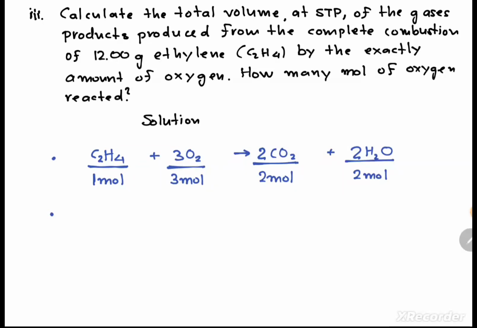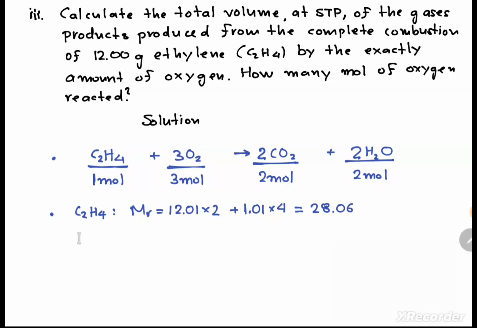We know the amount of ethylene in grams, so we have to convert it to mole. So we find Mr for ethylene, and the result is 28.06.